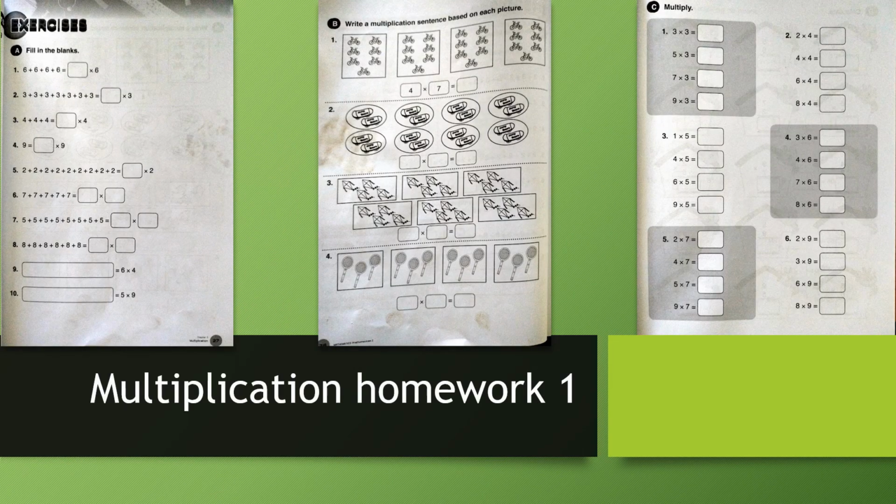It's in your math book, exercise A, B, and C. This is very easy. You can finish this very fast. Okay. So, you do this one and I will check your answers.